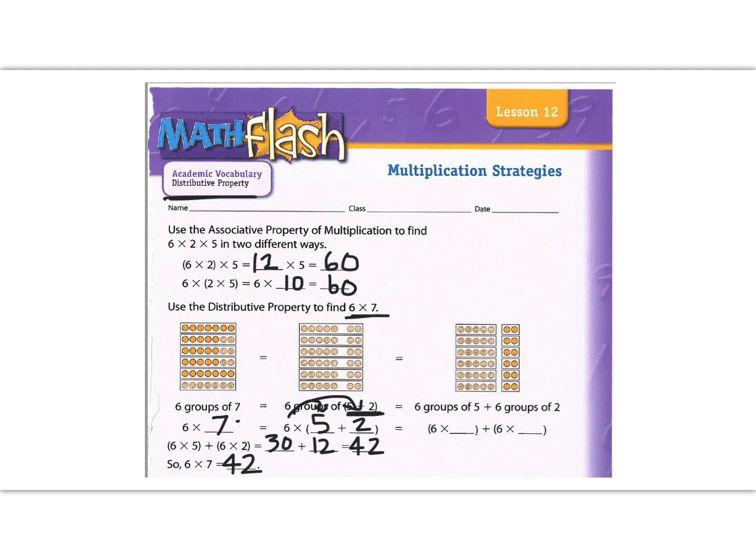So if we followed this along, 6 times 7 equals 6 times 5 plus 2 equals 6 times 5, which is 30, and then 6 times 2. So all they did was break it down. So that's 30 plus 12 equals 42.